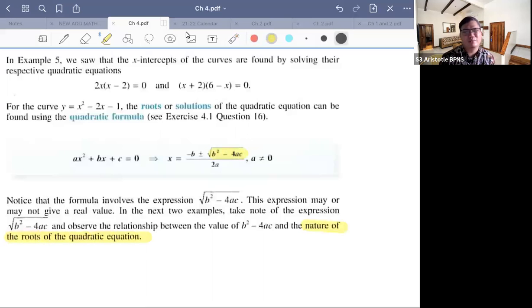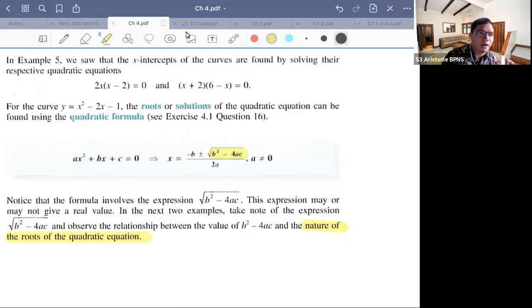What does it mean when we say nature of the roots? It basically tells you if you have two different answers or two different roots. It also tells you if you have a similar answer or similar roots. Do you remember when we have the same answer for both x?